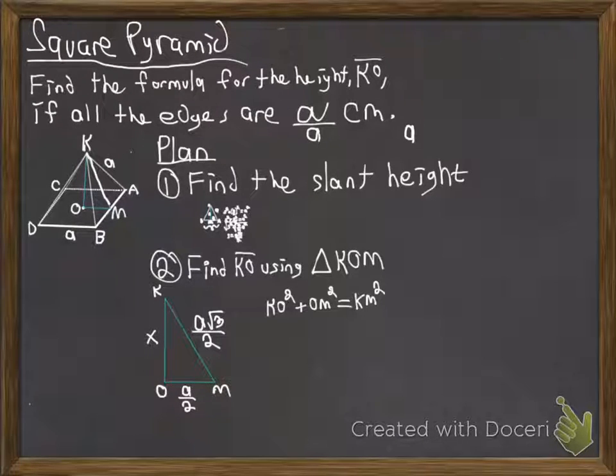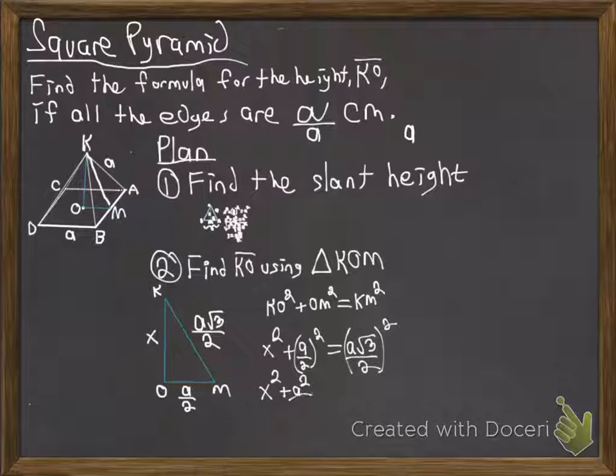All right, let's practice our algebra now. So we have X squared plus A over 2 squared equals A root 3 all over 2, and we square this guy as well. Alright, and we get X squared plus A squared over 4 equals 3A squared over 4.